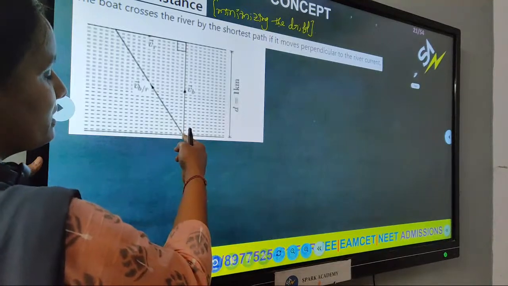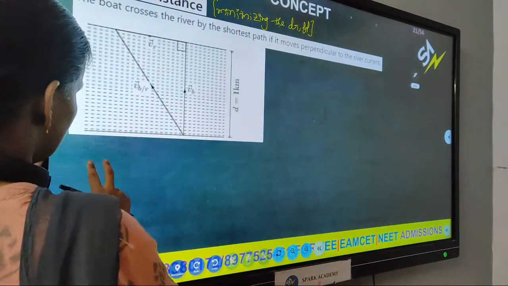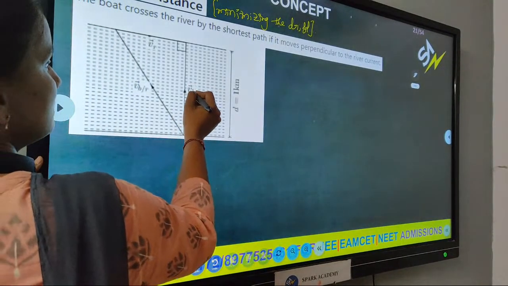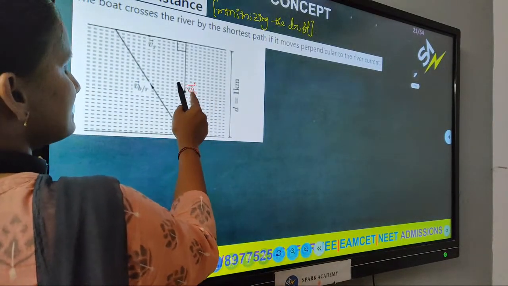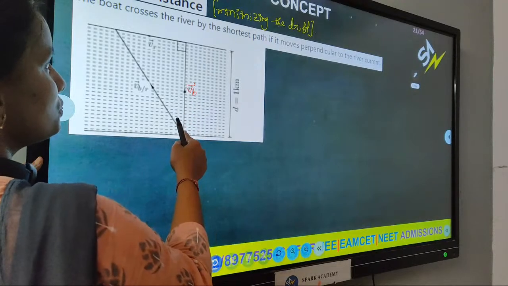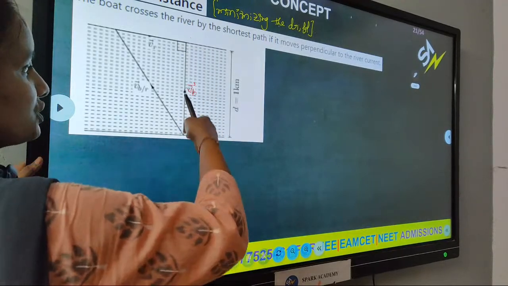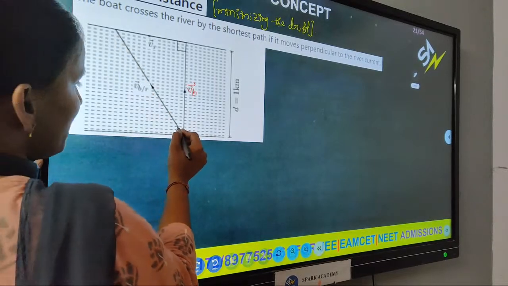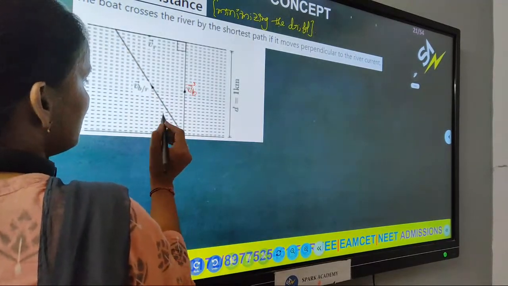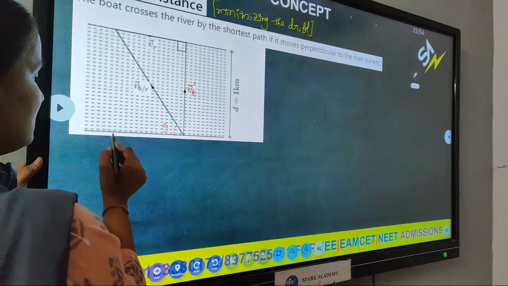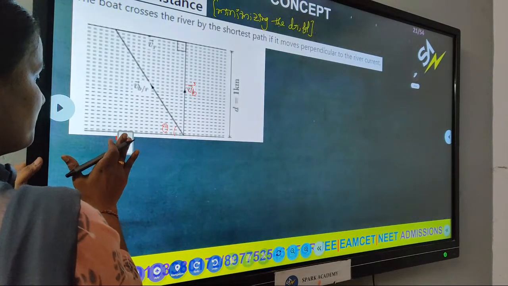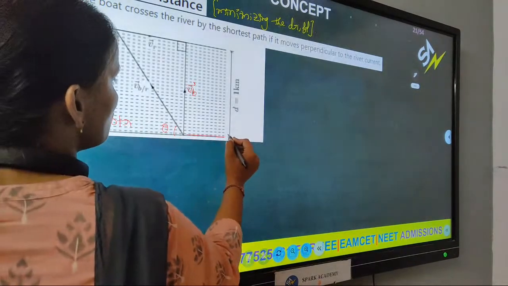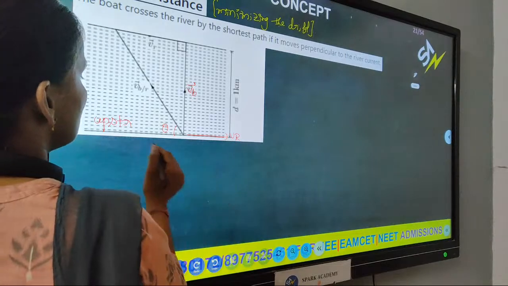You can observe in this diagram, this is VB, the actual boat velocity to reach the opposite bank, which is the shortest path. For that, the boat person needs to travel making angle theta with upstream. Upstream means opposite to river flow. In this direction there is a river flow.